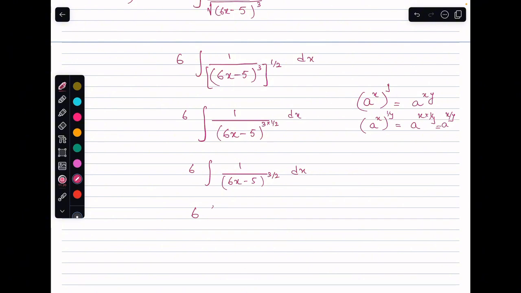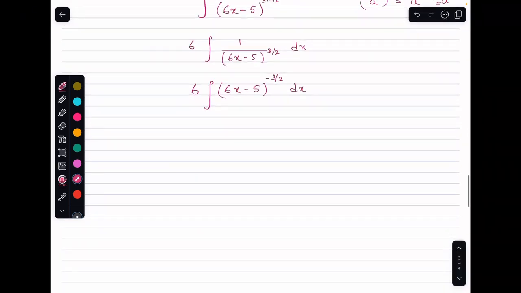So further, I can say that taking the denominator to the numerator, it's 6x minus 5 to the power negative 3 by 2 dx. And now I shall be integrating this function, so that I should say that this is 6 times 6x minus 5 to the power negative 3 by 2 plus 1.